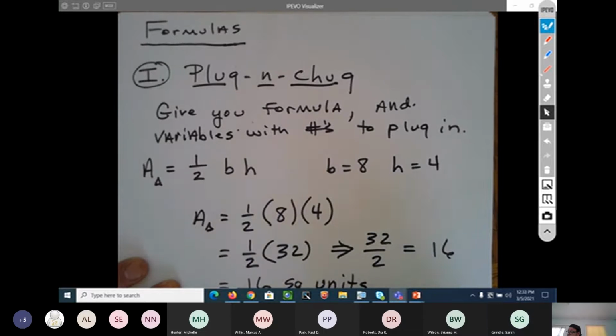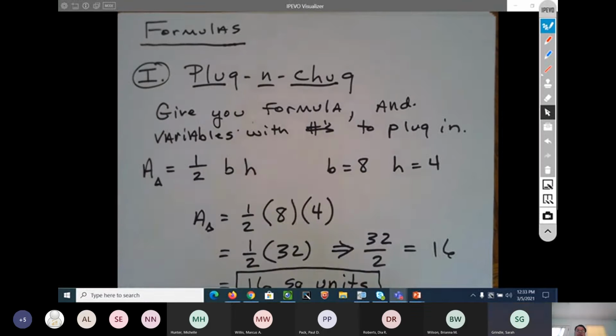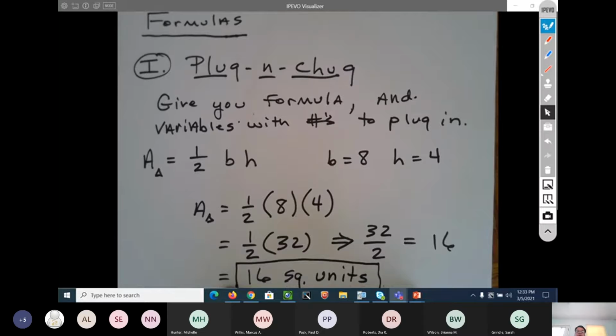Now that could be square feet, square inches, or square miles, because area is in square units. Now that is an example of the first type of formula problem. Everybody should be familiar with these because you start seeing them in pre-algebra and geometry, real early in your algebra career.